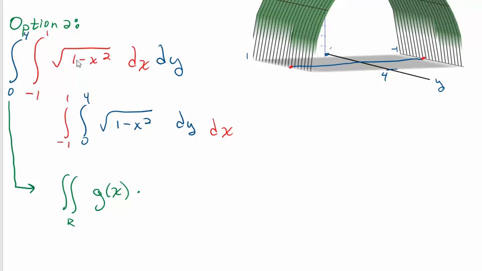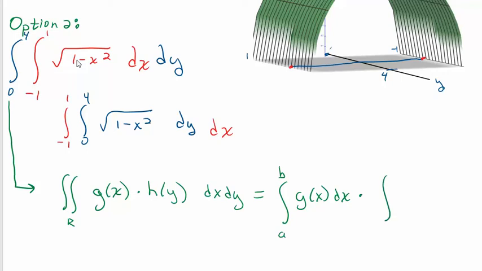If we could rewrite that as some function of x and some function of y, then we could split that up into two different integrals, right? We could split it up into the integral bounds for x and multiply that with the integral bounds for y and put our function of y over here.